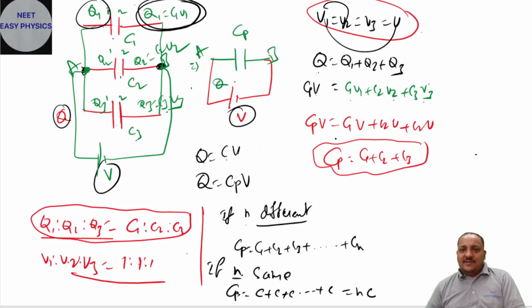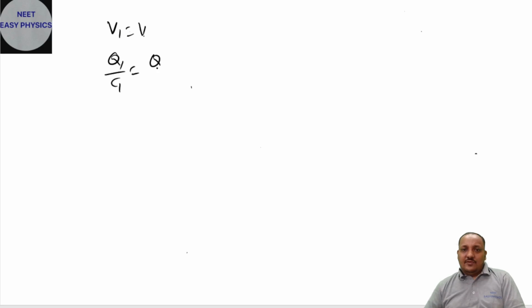Next, what is V from this? Here V is equal to Q by Cp, the effective. Then what is Q1? Q1 is C1 by Cp into Q. So, Q1 is equal to C1 by (C1 plus C2 plus C3) into Q.